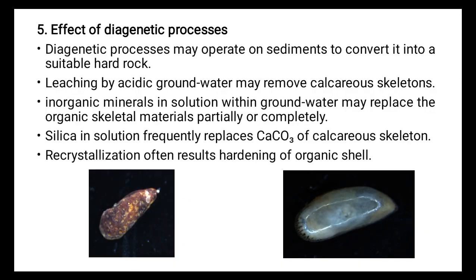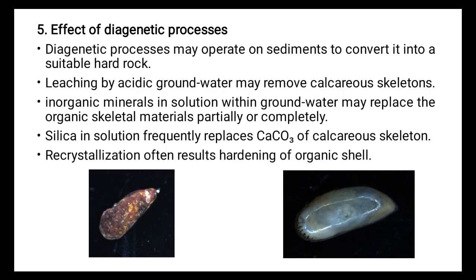Then the effect of diagenesis. Diagenetic processes may operate in sediment to convert it into a suitable hard rock. Leaching by acidic groundwater may remove calcareous skeletons. Inorganic minerals in solution within groundwater may replace the organic skeletal matter partially or completely. Silica in solution frequently replaces CaCO3 of calcareous skeletons, and recrystallization often results in hardening of the organic cell.